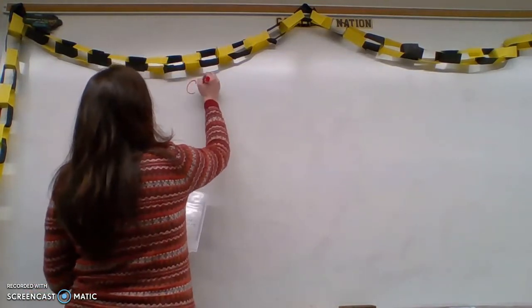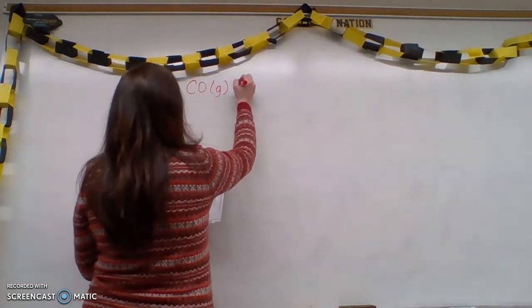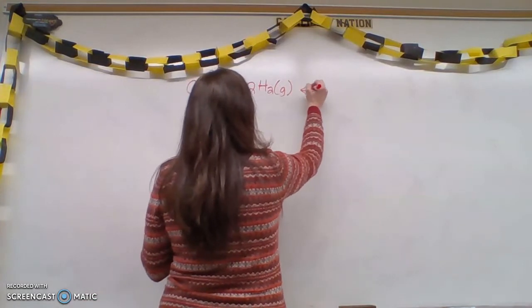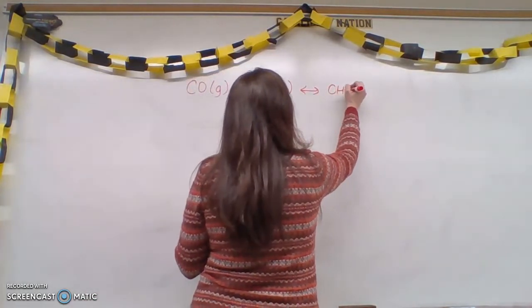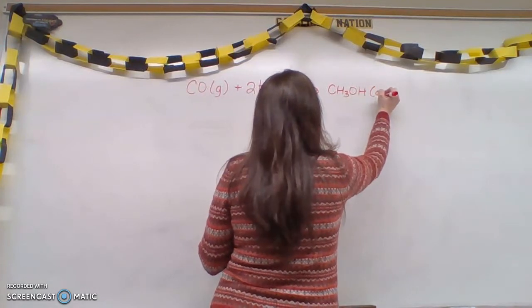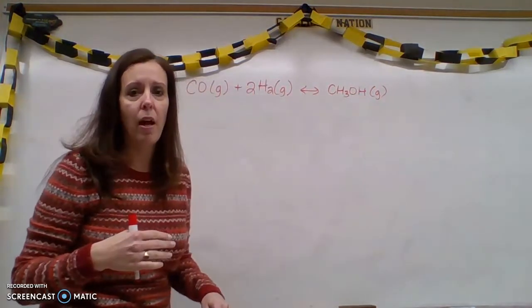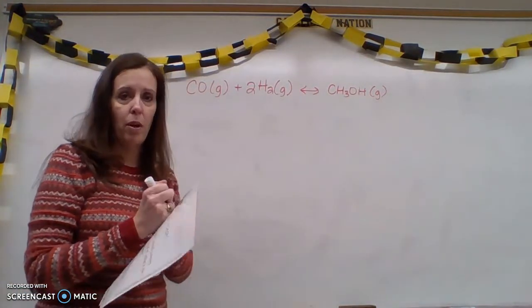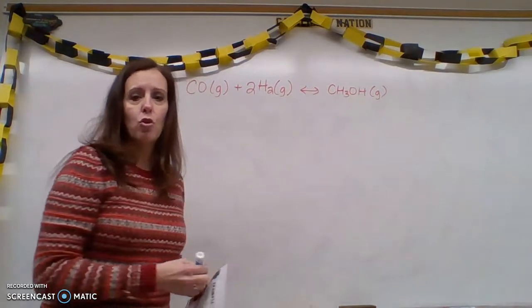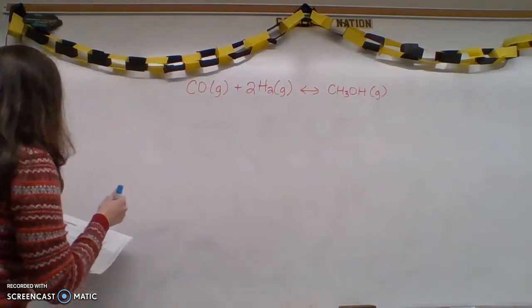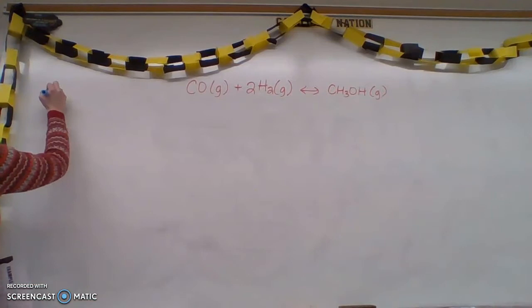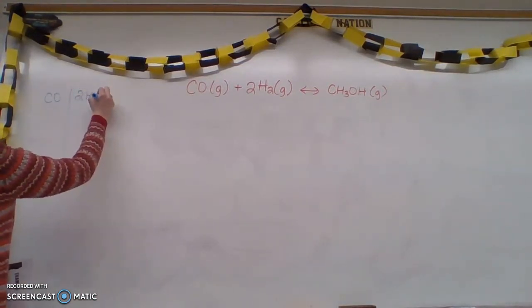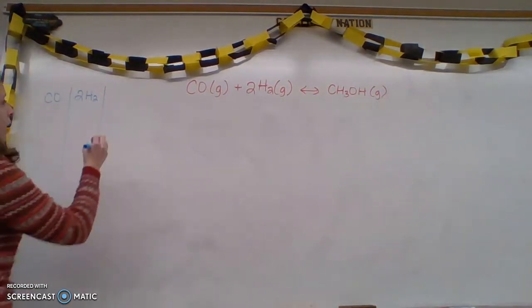So on the paper you would be using, you would have the equation already written. And they're all gases, so I don't have to worry about any crazy stuff. And then when you're asked about equilibrium concentrations, I like to draw a little table, okay? And on my table I have all of the items in my reaction.